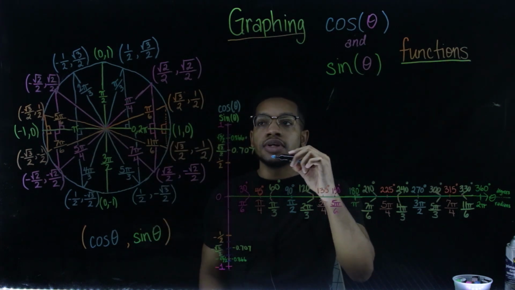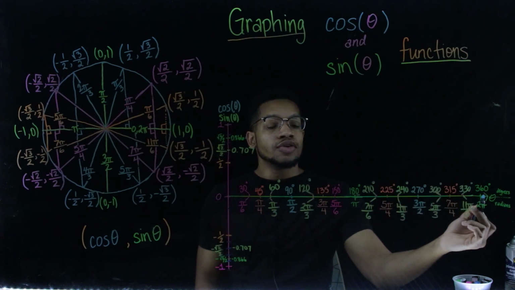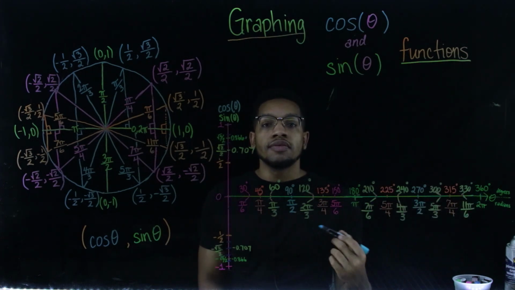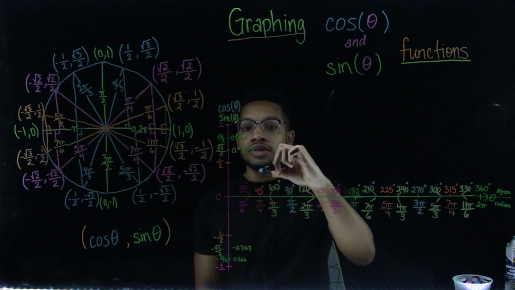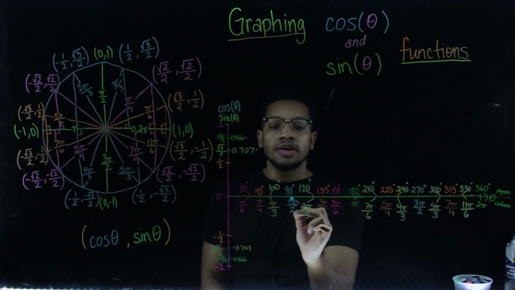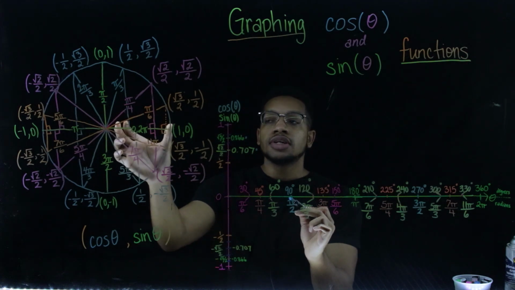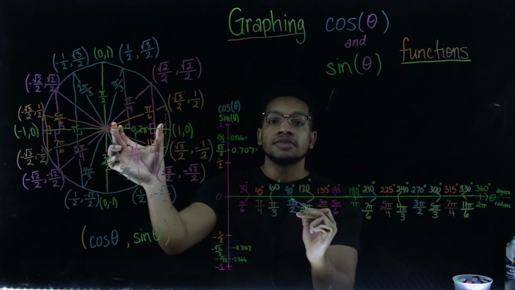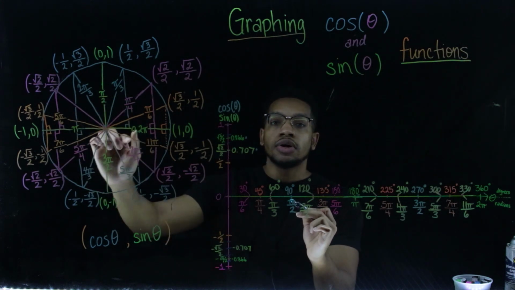And then I'm going to just keep doing this as I get from 0 all the way to 2 pi. You'll see what one full cycle of that cosine wave looks like. All right, so I'm just going to keep graphing these, pi over 4, square root of 2 over 2. All right, so now right here, you can just tell that the cosine function is literally just what the x value is, or what the adjacent side is, as theta goes all the way around the circle.